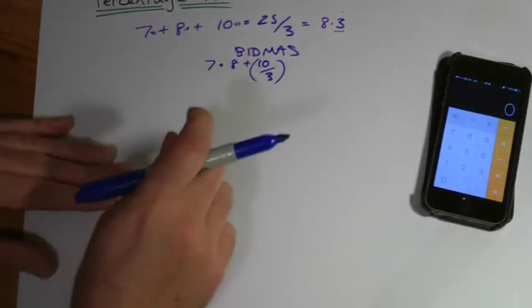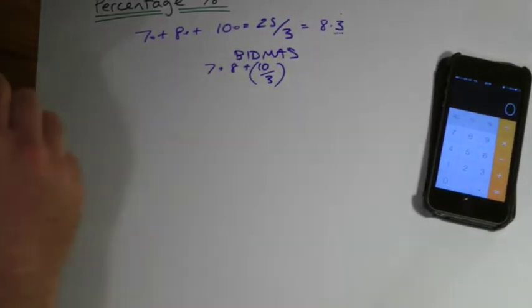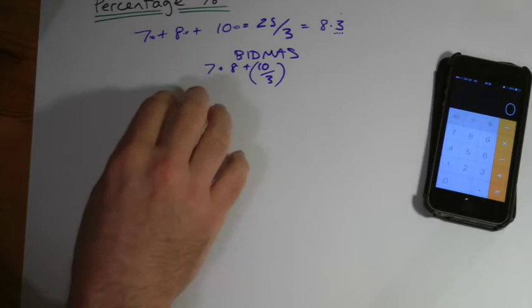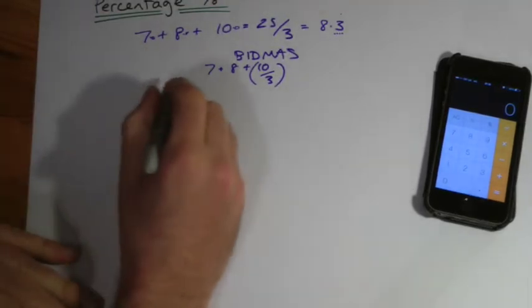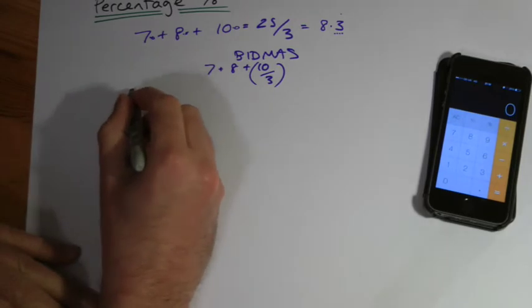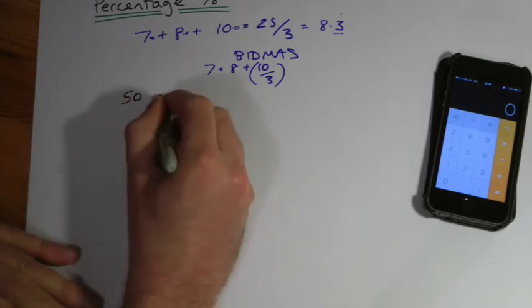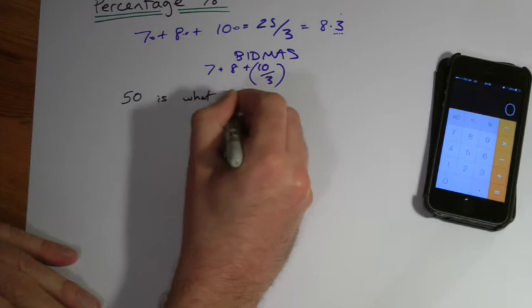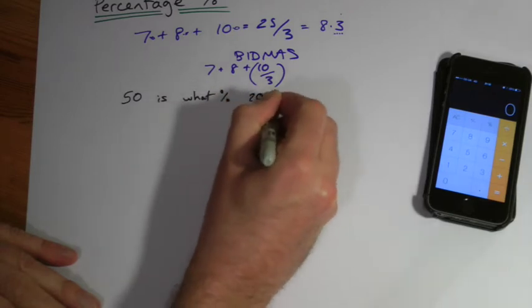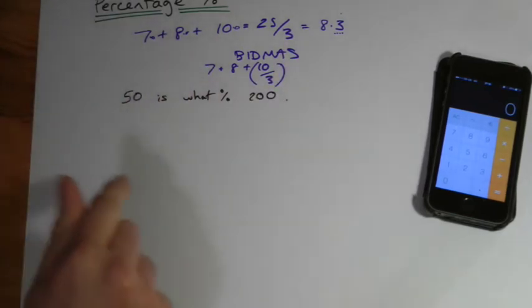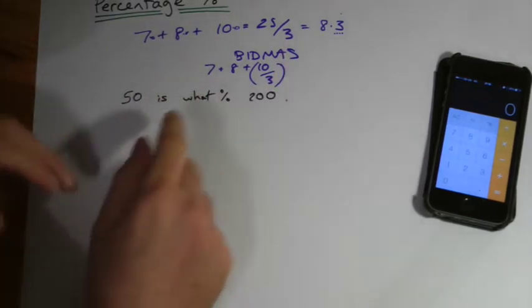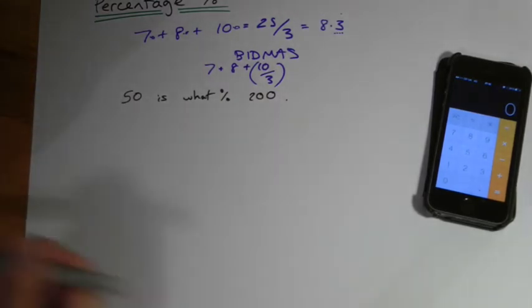Okay, percentages. Now I'm going to start off by using quite a simplistic value. So let's say 50 is what percentage of, and I'm going to use a total of 200. So if you were asked, I know there's a sample of 200 snails and 50 of them have got a stripy shell, what percentage of the snails have got a stripy shell?